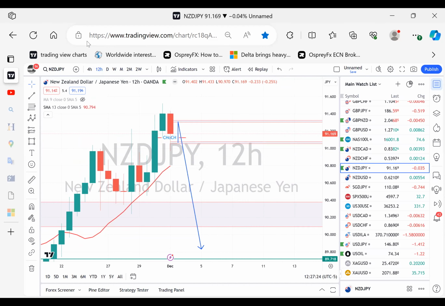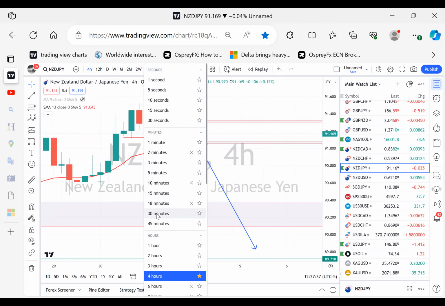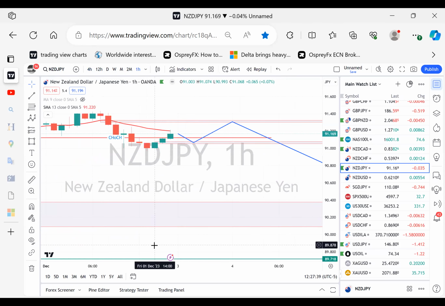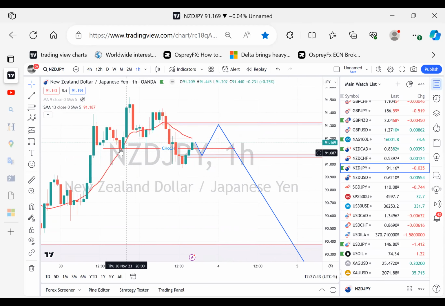If you look at this on the 12-hour, that little wick candle was a bearish order block. Fib the bearish order block, you fib this candle, you're going to get a push up to this area. You keep dropping down, you will see what happened. Right here, you get a head and shoulders. It's not just a head and shoulders.